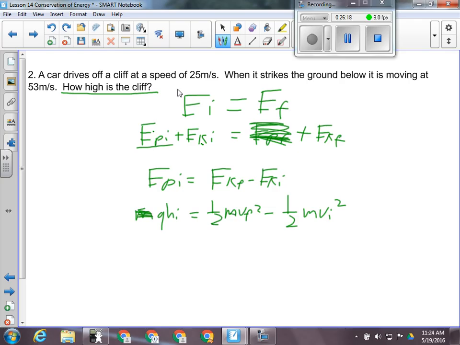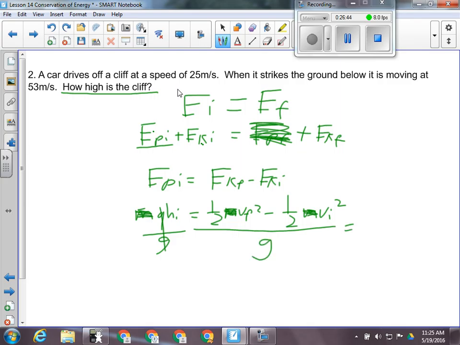Since they didn't tell me what the mass of the car is, that's a good indication it wasn't something I needed anyway. You wouldn't lose marks for keeping it, but it's going to come out to 0. I always eliminate it early so it doesn't confuse me. I don't go looking for things I don't have. I want hi by itself, so what do I have to do with g? Divide both sides by g.